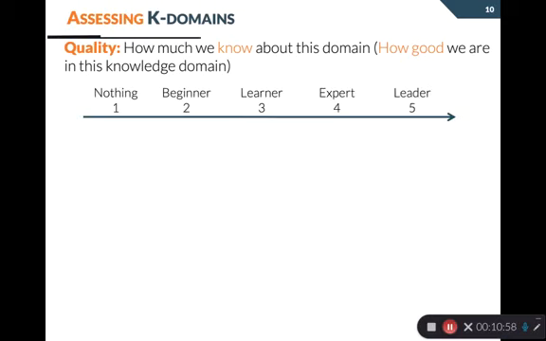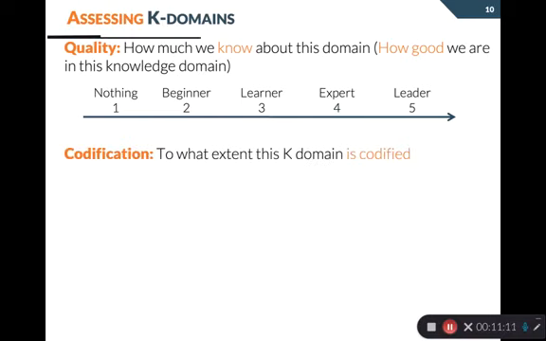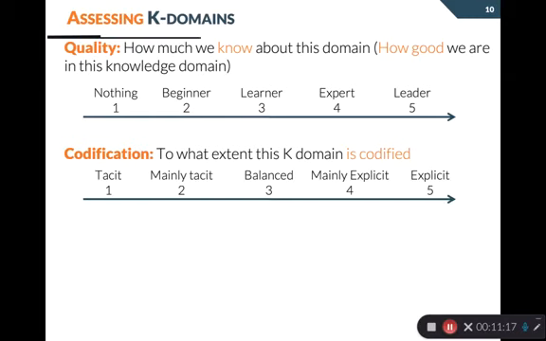And it can be a whole range from knowing nothing about this knowledge domain to being the leader in the industry on that knowledge domain. The second dimension is about the codification of this knowledge domain. Is this knowledge domain purely tacit, left side, or to the extreme of explicit? Everything about this knowledge domain is codified.